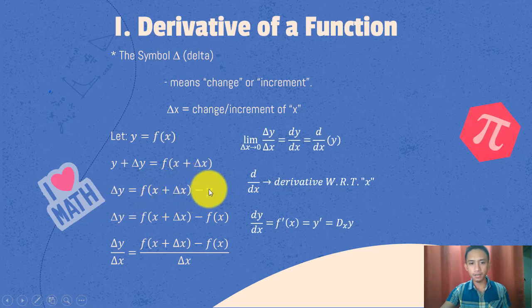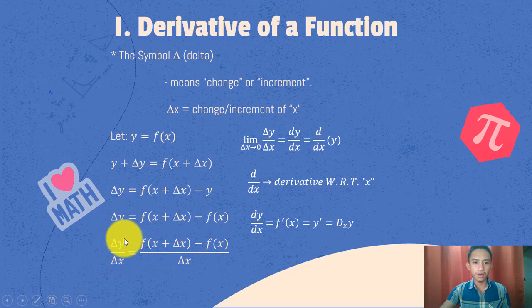However, I transferred your y there. But going back to the original equation, y is equivalent to the function of x. So I will substitute that so that everything on the right side will be variable x.